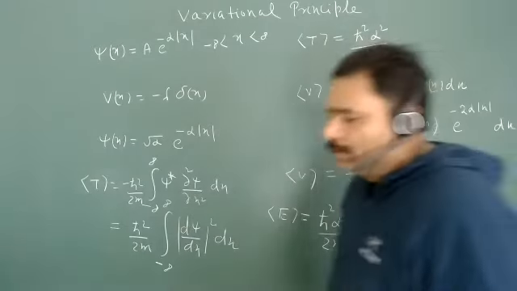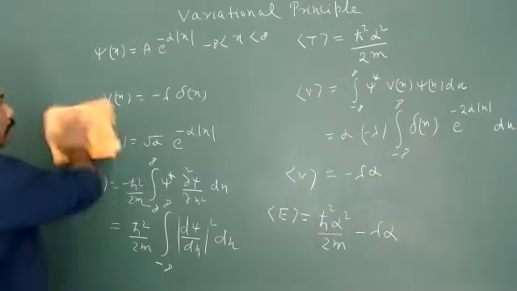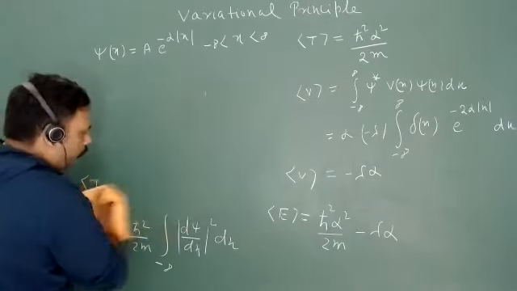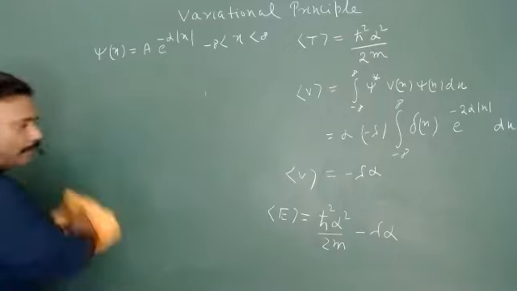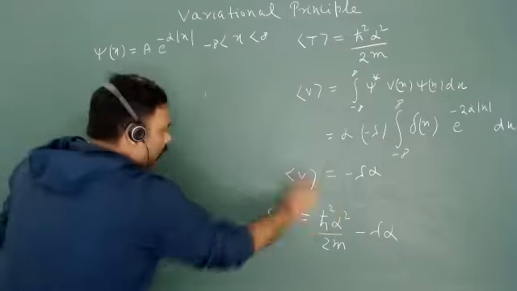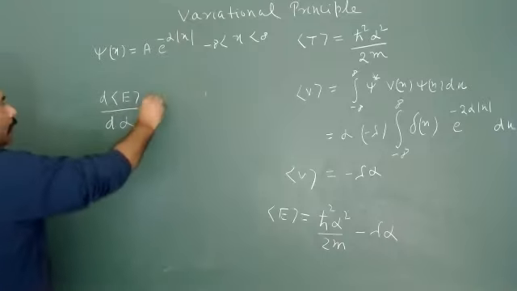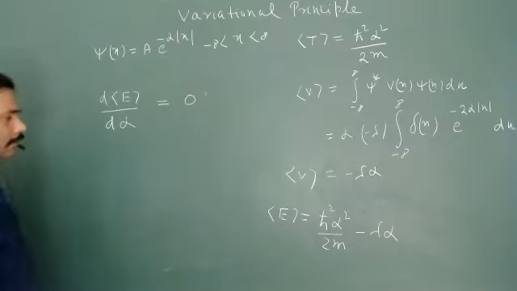Then you have to do some maxima and minima type calculation, and you go for dE upon d alpha. Here alpha is my variable actually. So we have d of the expectation value of E upon d alpha equal to 0.